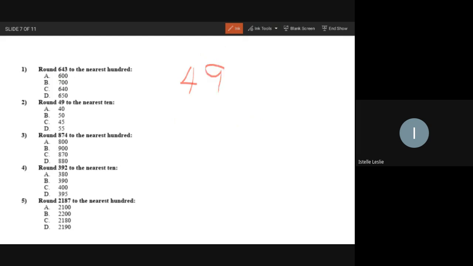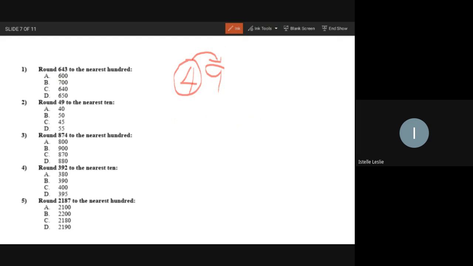49. We want to round 49 to the nearest tens. So same thing, we locate the tens position. So 4 is in the tens position. We look at the digit to the right of 4. Is it 5 or above?